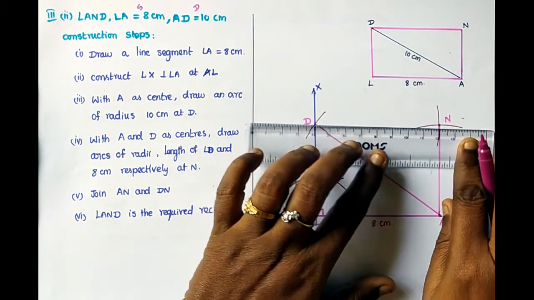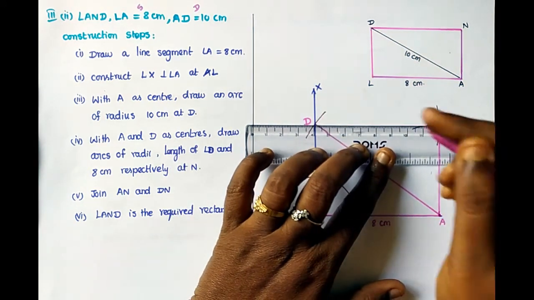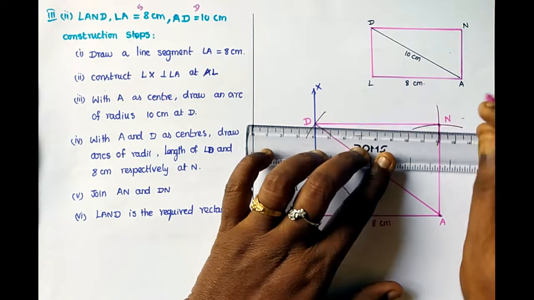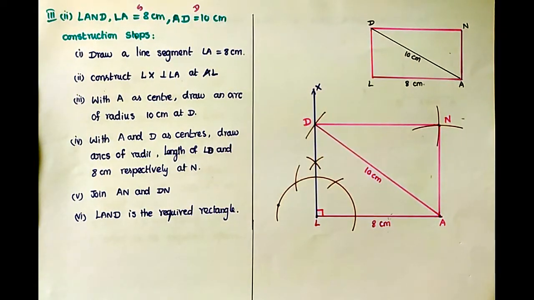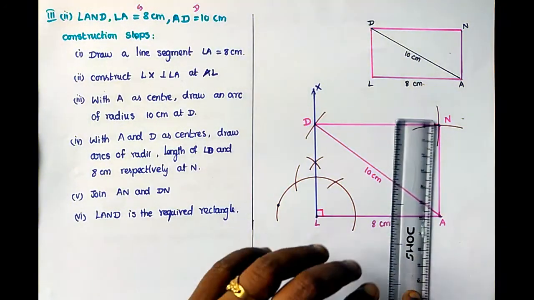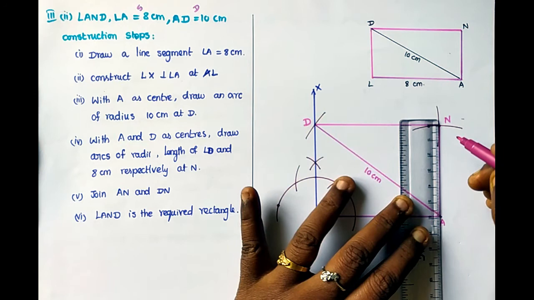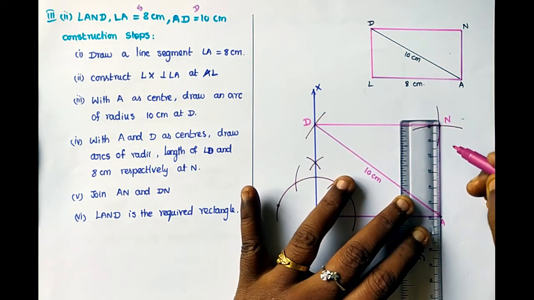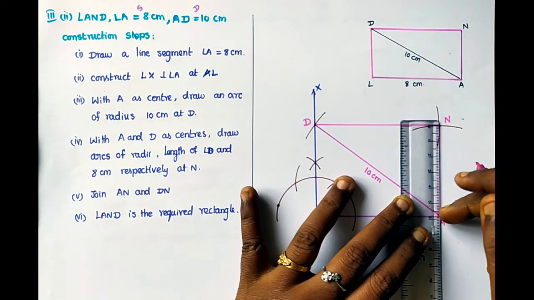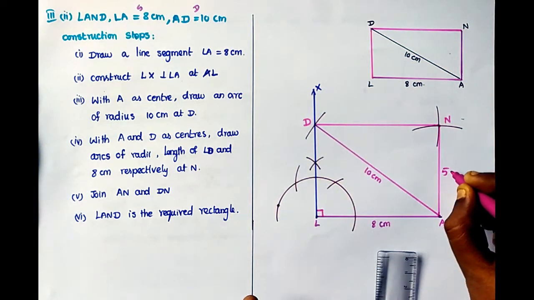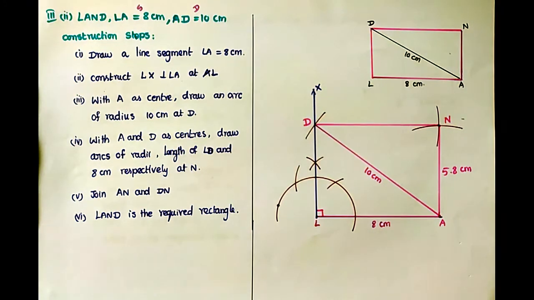Now we get the required rectangle. Now measure the AN length, that is breadth. That is 5.8 centimeter. Now calculation.